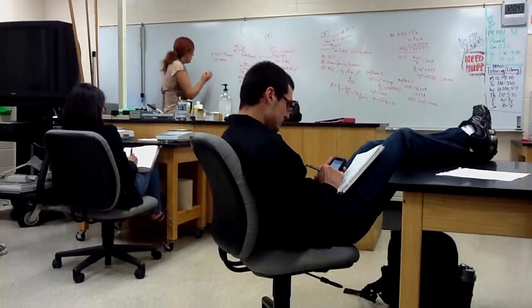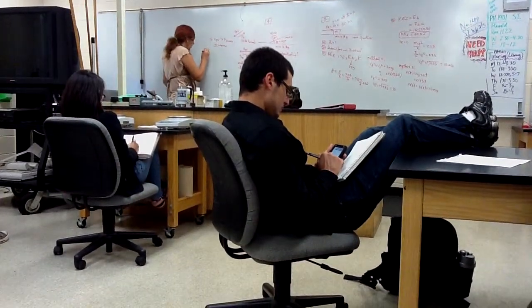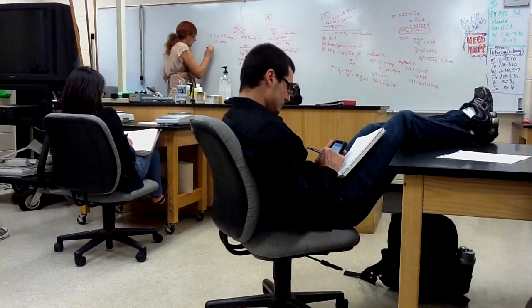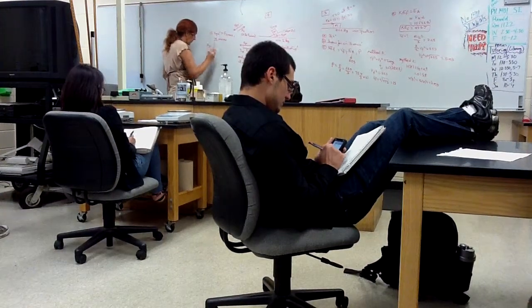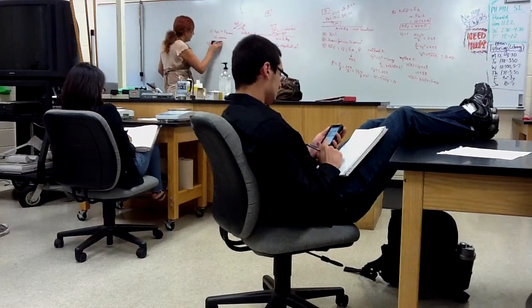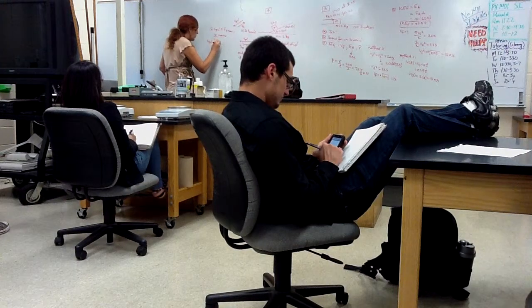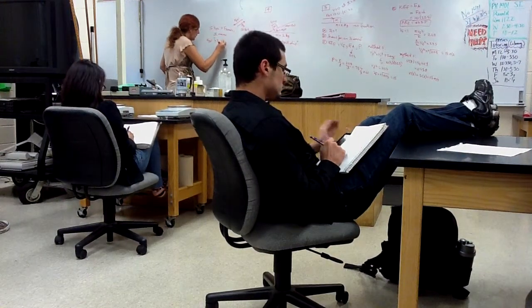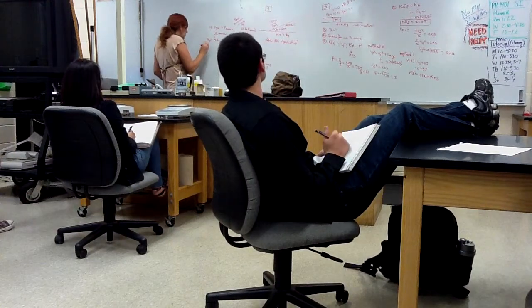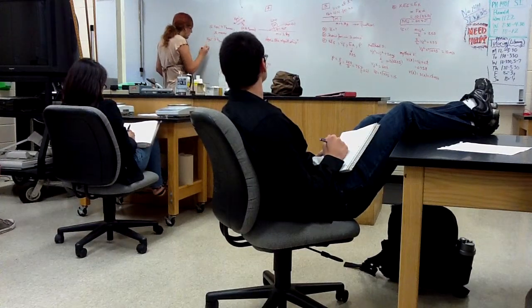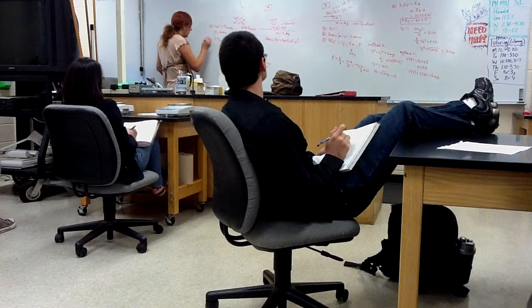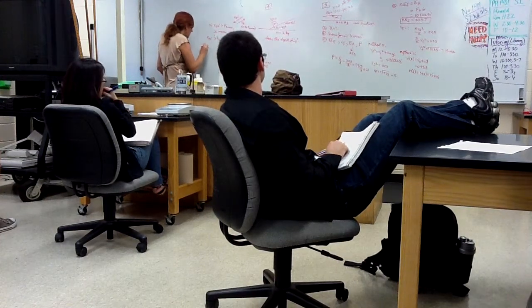So all I have to do is ask, does Fgx prime exceed, is it greater than, the maximum force of static friction? All we have to do is put in our equations, the maximum force of static friction and Fgx prime.